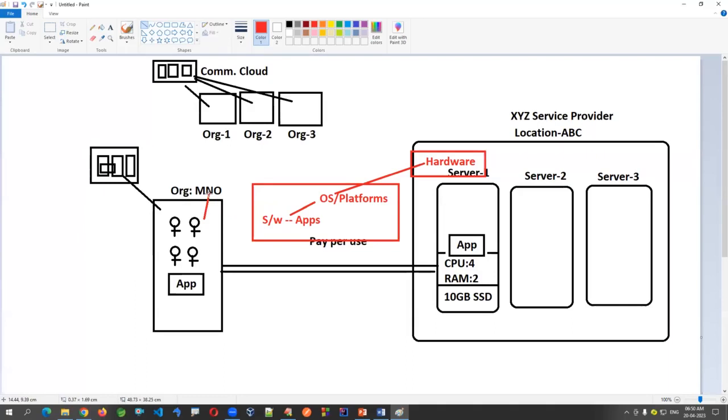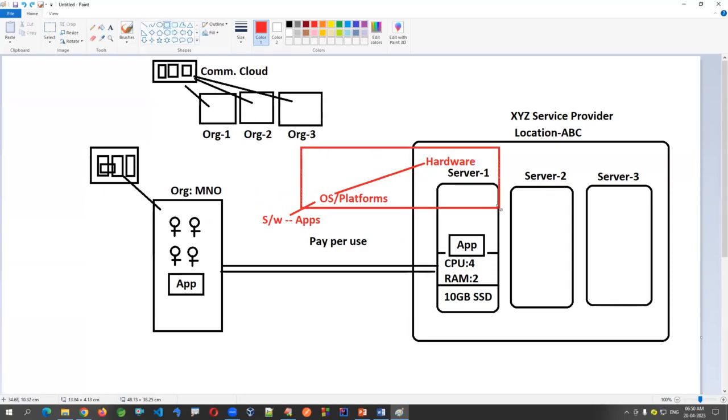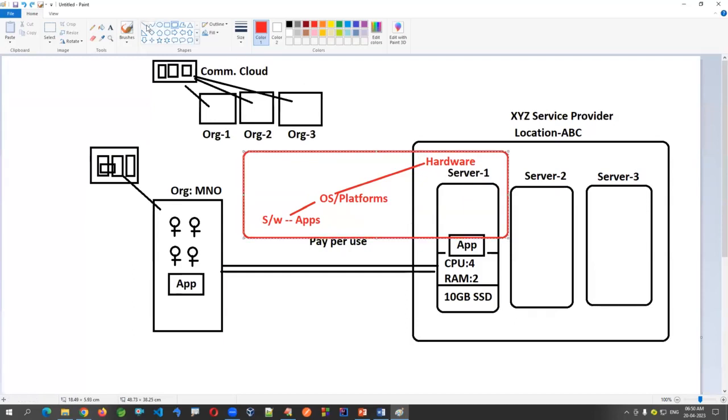An organization says, hey, service provider, you give me hardware, I'll pay for this, and I'll take care of my own OS installation and my own apps installation. This is one category. Or else, hey, service provider, why can't you give the hardware and platform combination from your side? I'll install my required apps and run. This is the second combination.